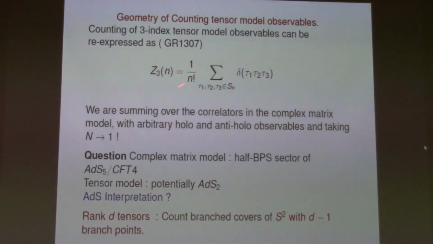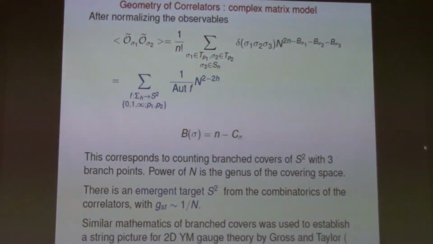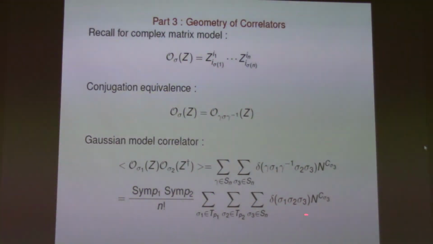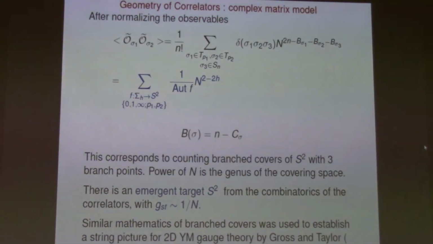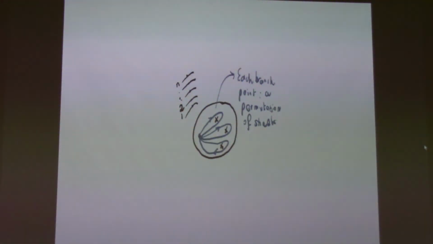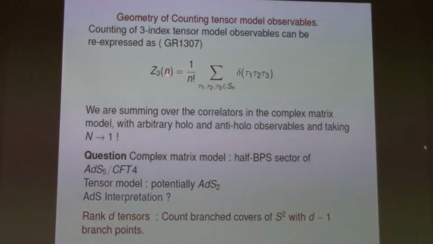So this is tensor model observable, just counting of observables. It's related to a similar kind of thing as here, a correlator of the complex matrix model. So it gives you a relation between tensor models and matrix models.